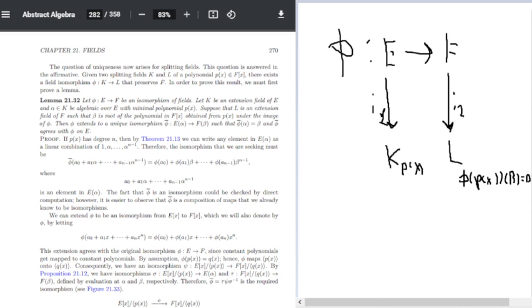Then phi extends to a unique isomorphism, and this implies that there's a unique isomorphism from E alpha to F beta.